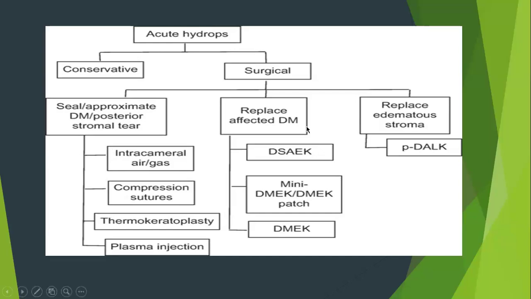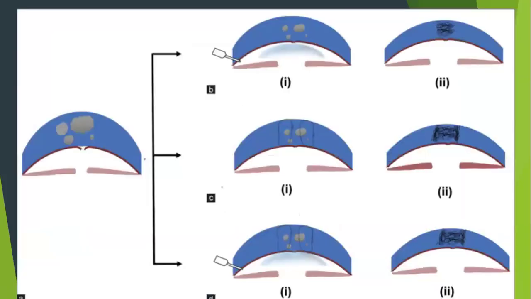If we think that Descemet's membrane is very badly ruptured and we cannot reoppose it, we will think about replacement of the affected Descemet's membrane: deep Descemet stripping, anterior endothelial keratoplasty, mini Descemet's membrane endothelial keratoplasty. What is it? Let me tell.